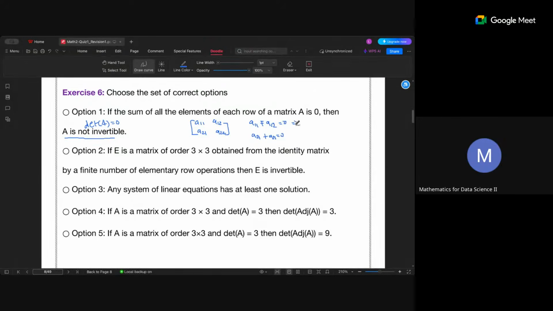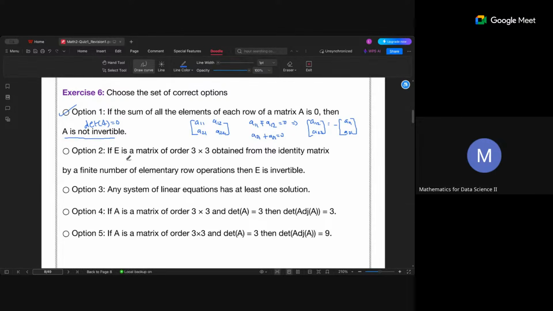So this means A12, A22 is minus A11, A21. Yes or no? So one column is a multiple of the other column. In the case of a larger matrix like 3 by 3 or 4 by 4, the last column can be written as a linear combination of the other columns, and hence the determinant is 0. Fine. So this is correct.